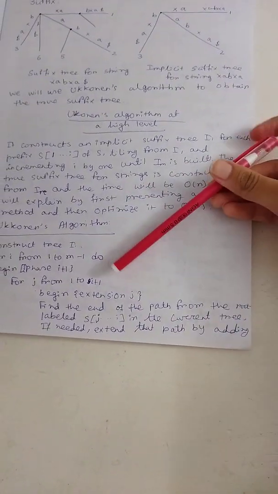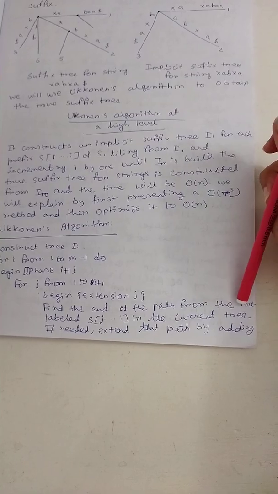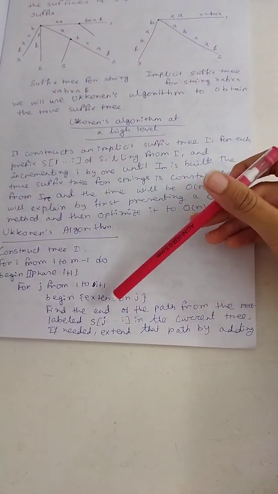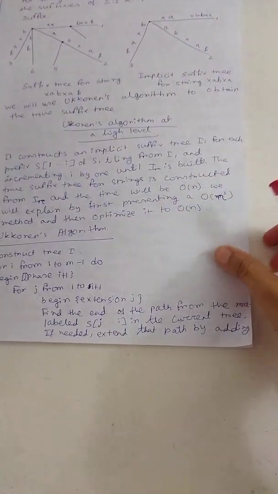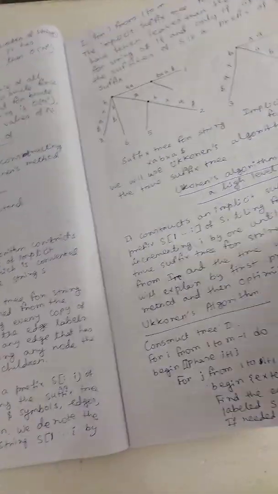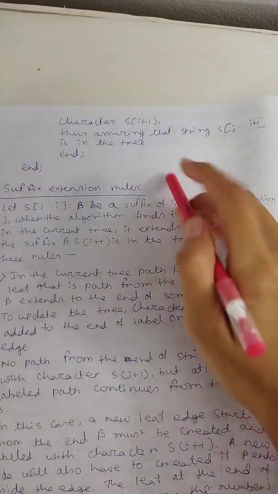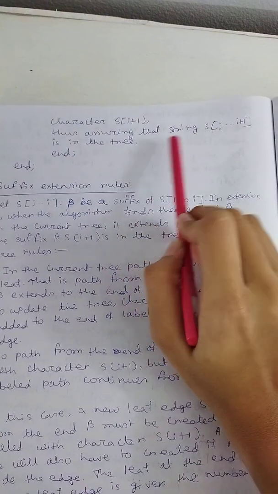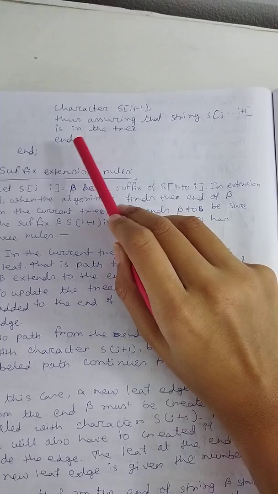We have to find the end of the path from the root labeled s j to i in the current tree. If needed, extend the path by adding the character i plus 1, thus ensuring that the string s j to i plus 1 is in the tree.